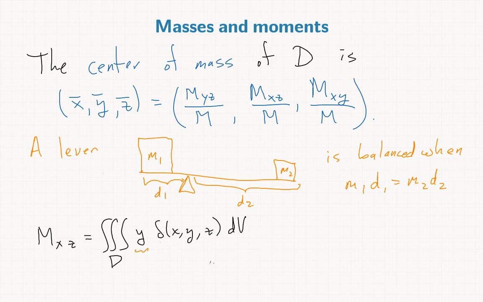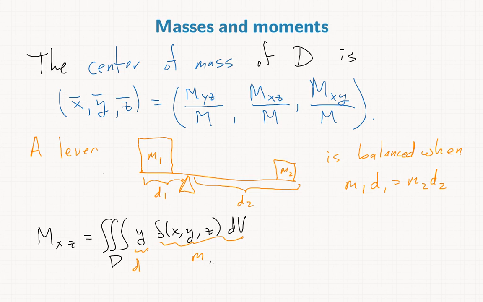So the coordinate we're multiplying, the y or the x or z coordinate that we're multiplying by the density, is a distance, and this quantity is representing a mass. So this is why you would be multiplying a mass times a distance.